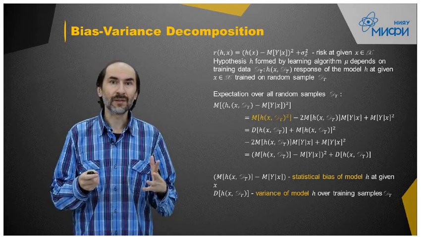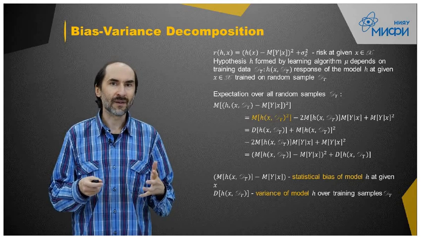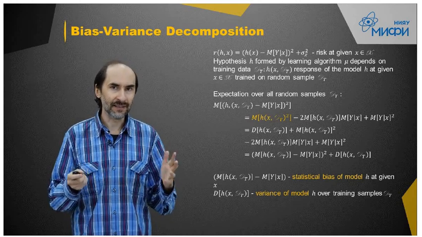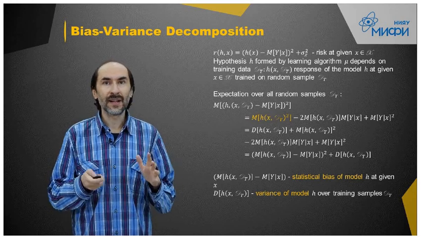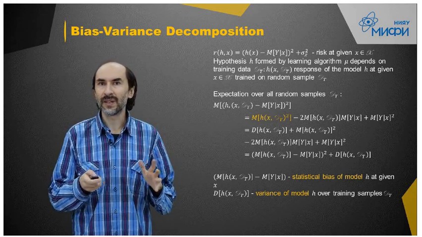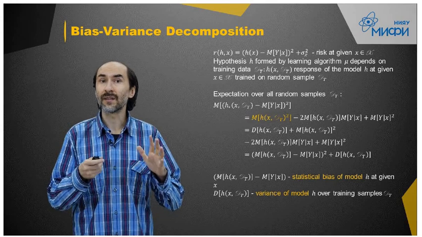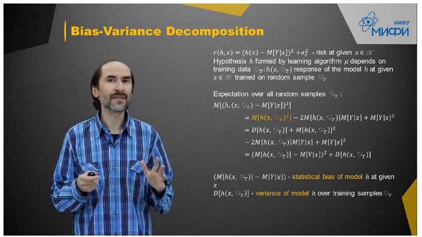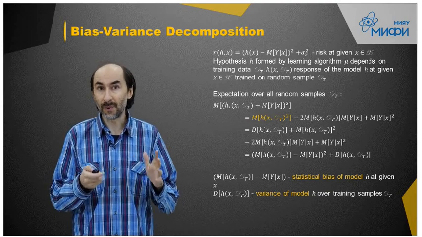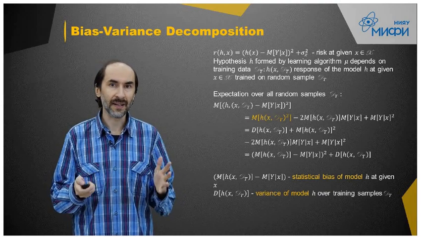This term is called the statistical bias of the model f at given x. The second term is the variance of the model's output for a given input x calculated over random training samples dt. It's called simply the variance of hypothesis h for a given x.